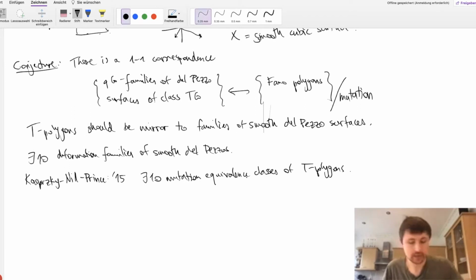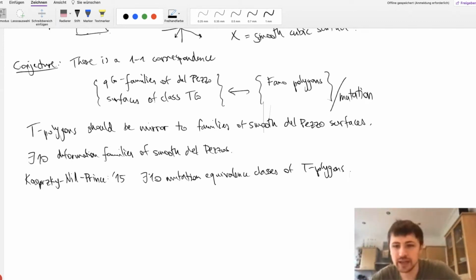And so you might ask, well, if this has been completely solved, why am I giving a talk about this? And the reason is that the proof of Kasprzyk-Nill-Prince is purely combinatorial. So it works by introducing a notion of minimality on polygons, and then you show that you can reduce every T-polygon to a minimal one.